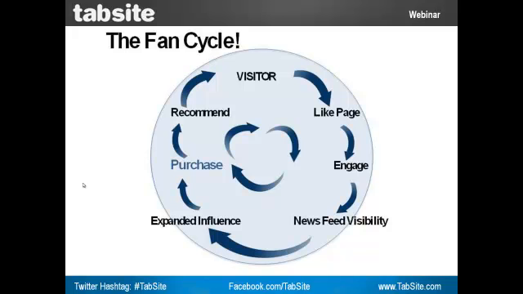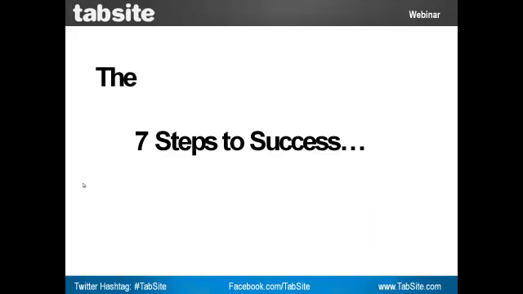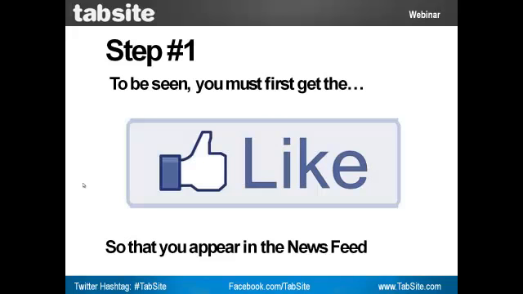And then we're going to talk about expanding your influence, which ultimately leads to a goal of a purchase, contracting your company, your services, your products, and becoming an advocate, sharing your fan page, your information, your company, so that the cycle repeats and their friends become engaged with you. So this is what we're going to dive into a little bit further today, with our 7 steps. So without further ado, I'm just going to dive right into that.